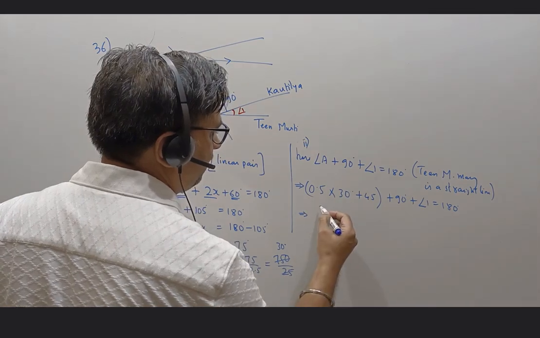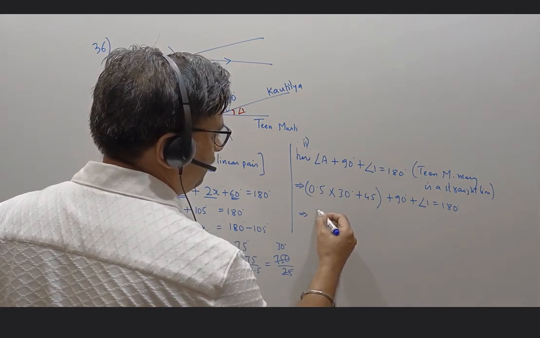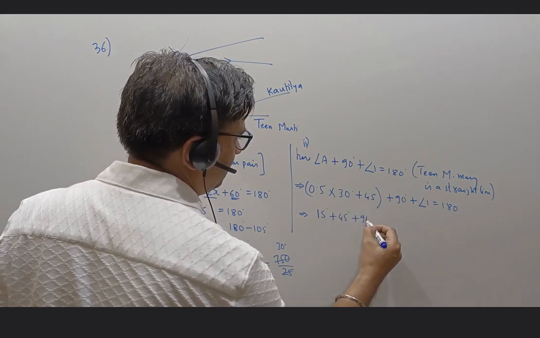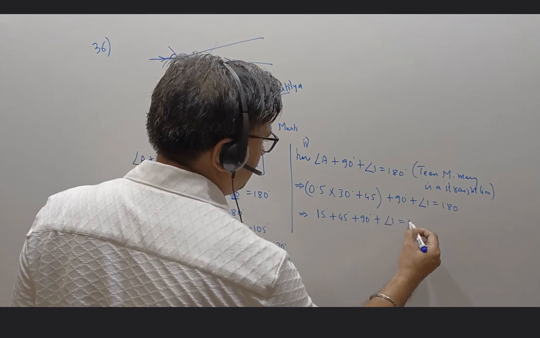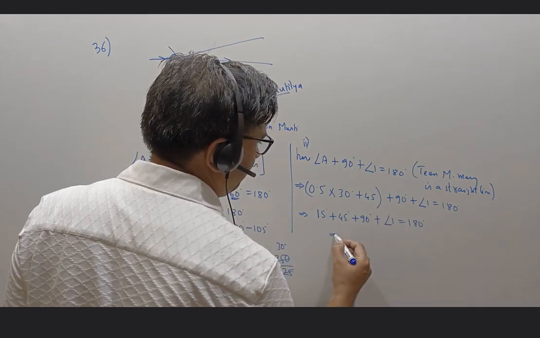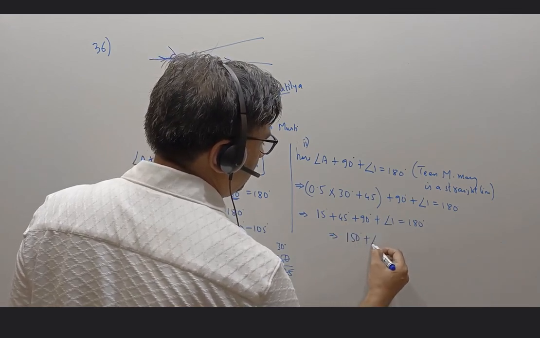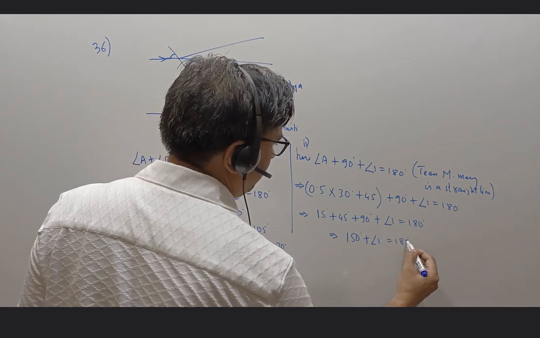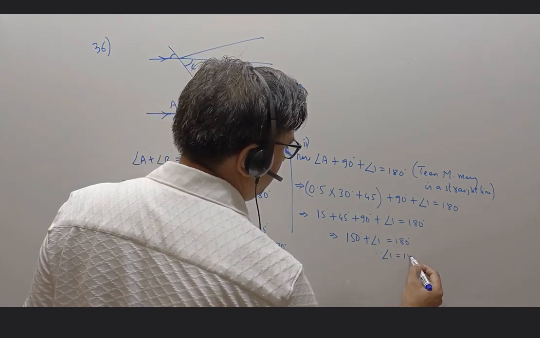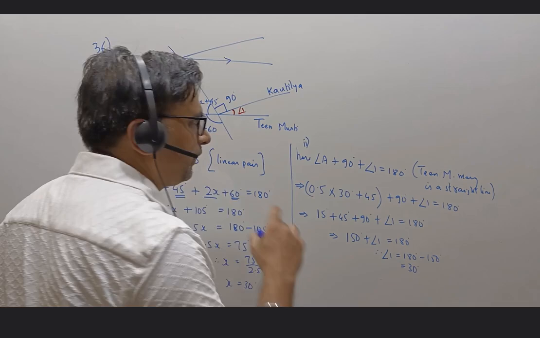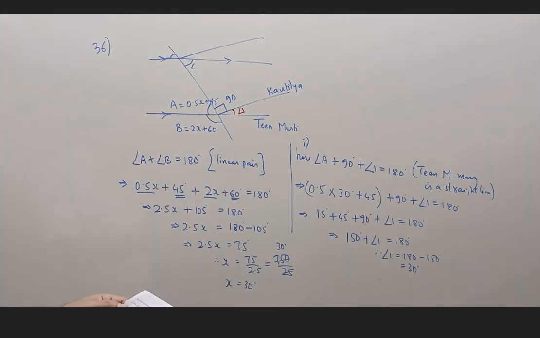So 30 into 0.5 will come to 15 degree plus 45 degree plus 90 degree plus angle 1 is 180 degree. So this is 60 plus 90, 150 plus angle 1 is 180 degree, and therefore angle 1 is 180 minus 150, and that gets us 30 degree. That's the value of angle 1, the angle between the Kautilya Marg and the Teen Murti Marg.